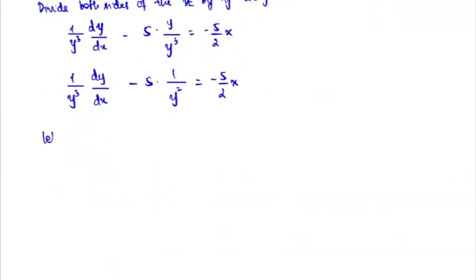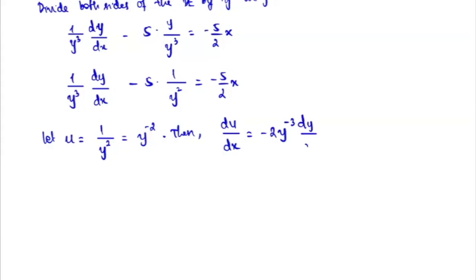So you let u equal to 1 over y squared, or y to the -2. Then du/dx is going to be equal to the derivative of this term, which is -2 times y to the -3 times dy/dx.